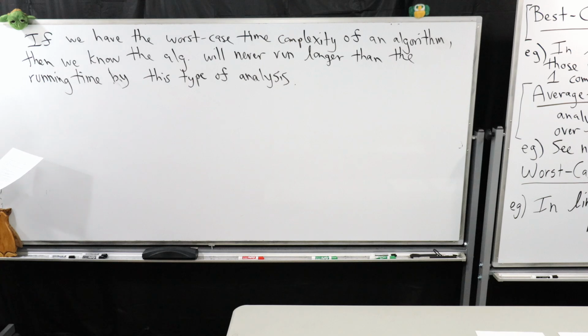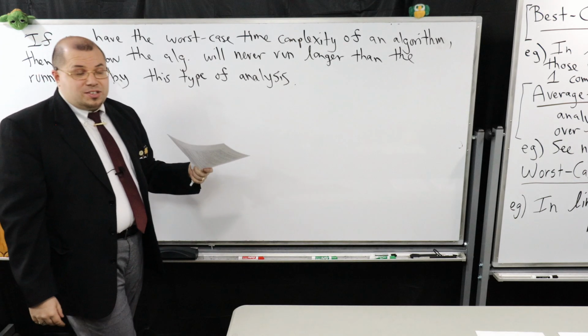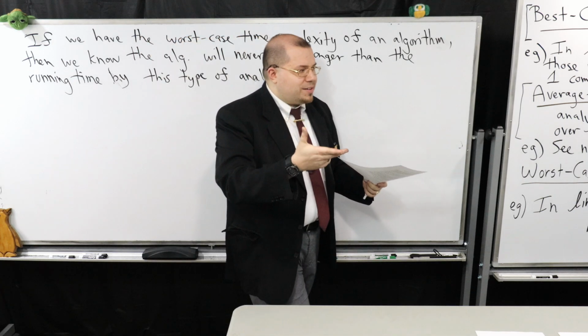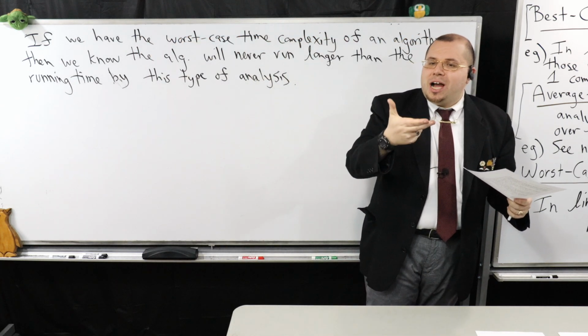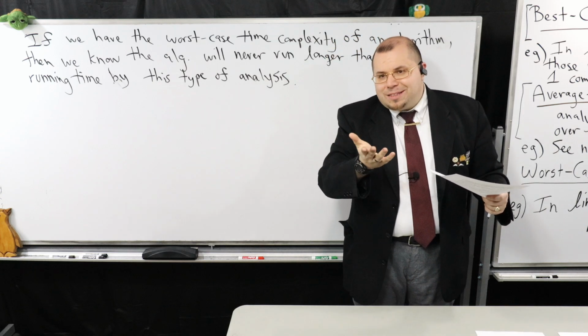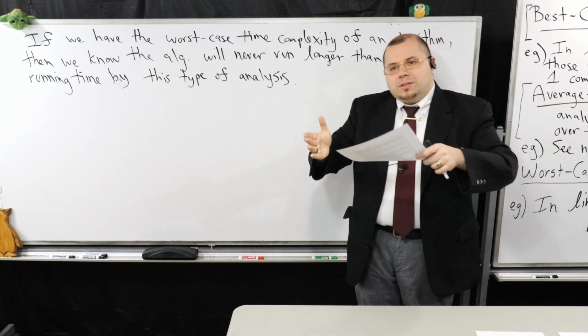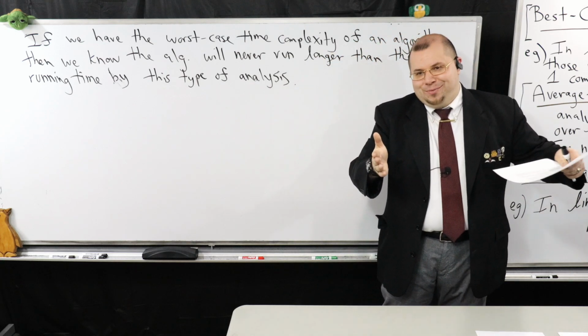Oh, a question about best case. So remember, best case gives us the optimistic scenario. If I'm trying to address the ultimate question of how much time my algorithm will require, regardless of what the input looks like, the goal is to see how long it can run.